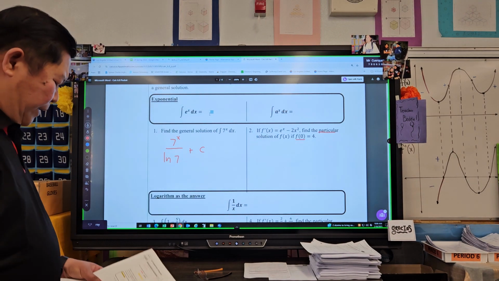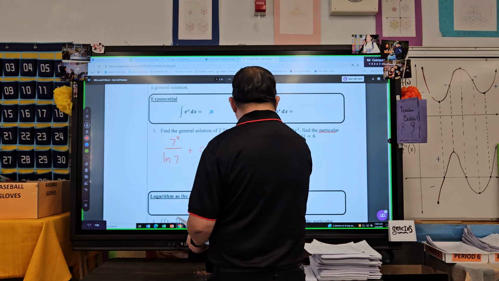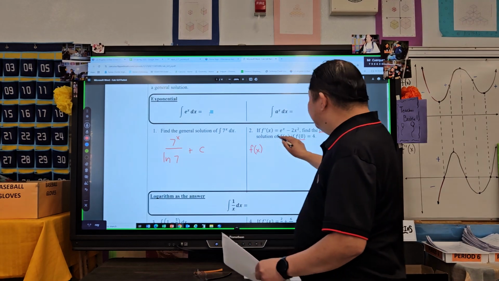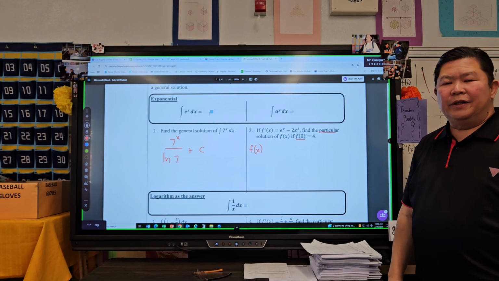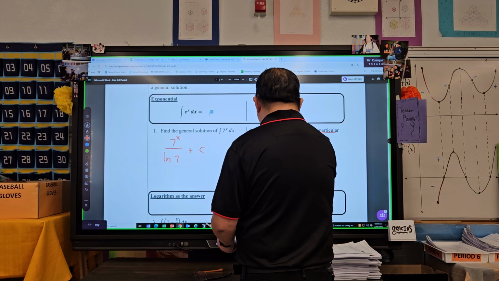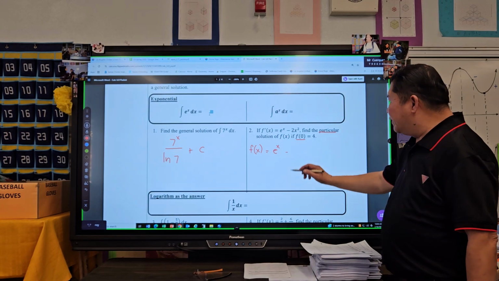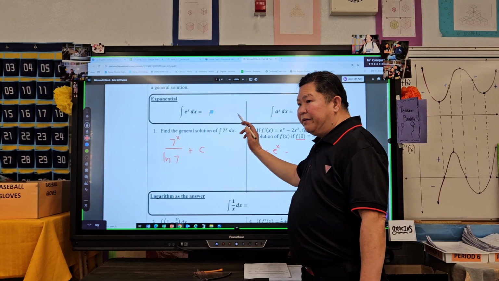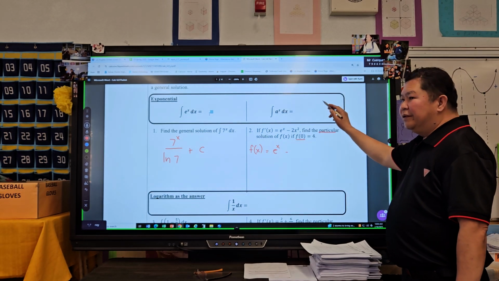So, we now say f of x equals e to the power of x minus, we are doing now the antiderivative. Remember, the antiderivative of e to the power of x is the same thing, e to the power of x. Do you get me? What about this one?